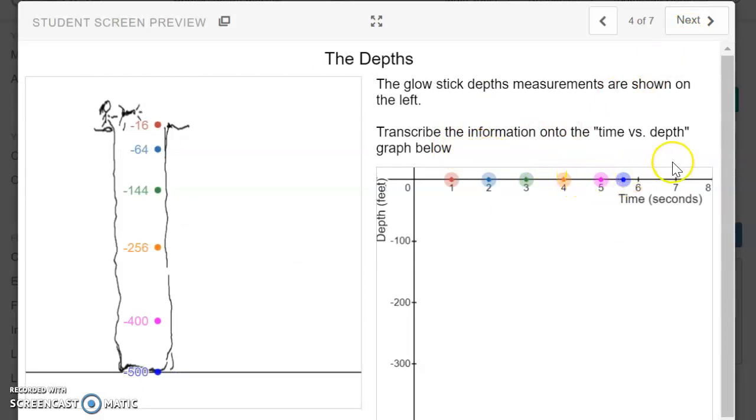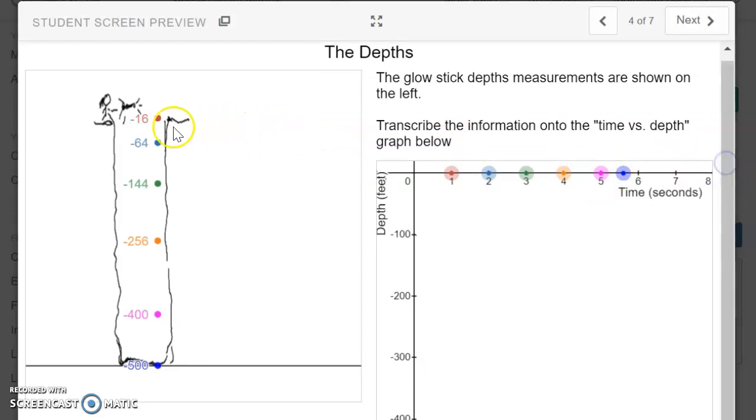Now the glow stick depth measurements are shown on the left. Transcribe the information into the time versus depth graph. After 1 second, that's the red one, it was at -16. So if that is negative 100, maybe it's going to be about here. After 2 seconds it's negative 64, maybe a little halfway, but maybe a little bit beyond.